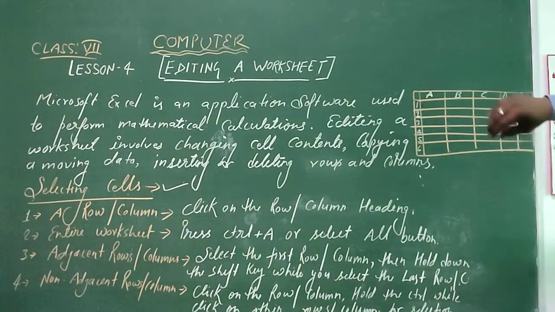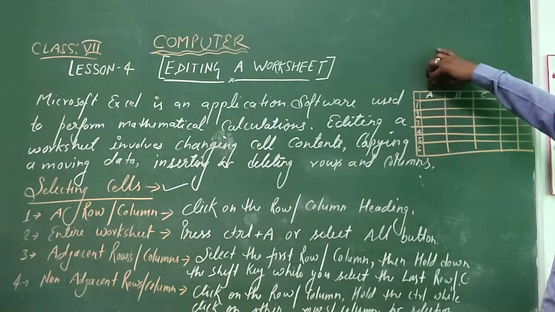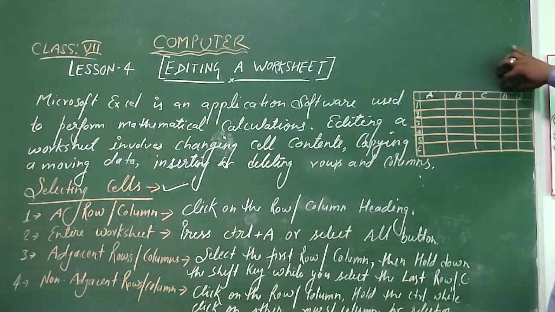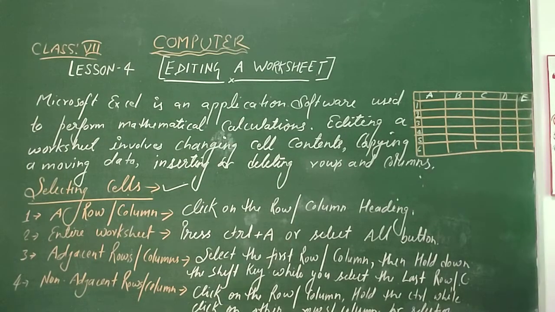Now we can see at the top the first row, and in the first row the first box is displaying A, then B, C, D and E.